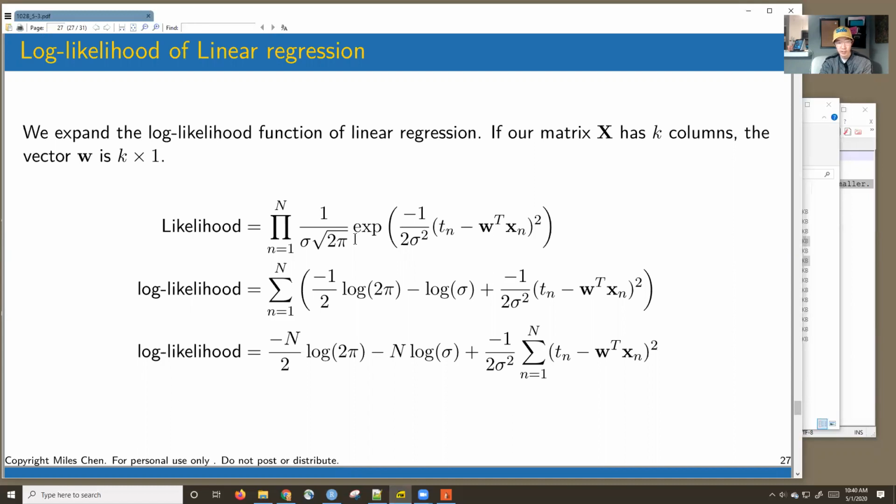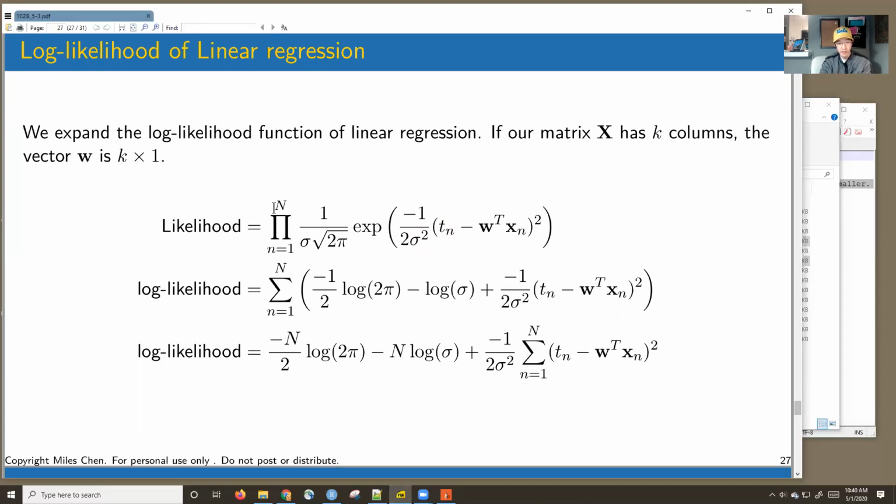So we have the likelihood of the normal PDF, and when you apply it for the random variable t sub n for this observation, where the expected value is W transpose X sub n and the variance is sigma squared, this is your normal PDF, okay?